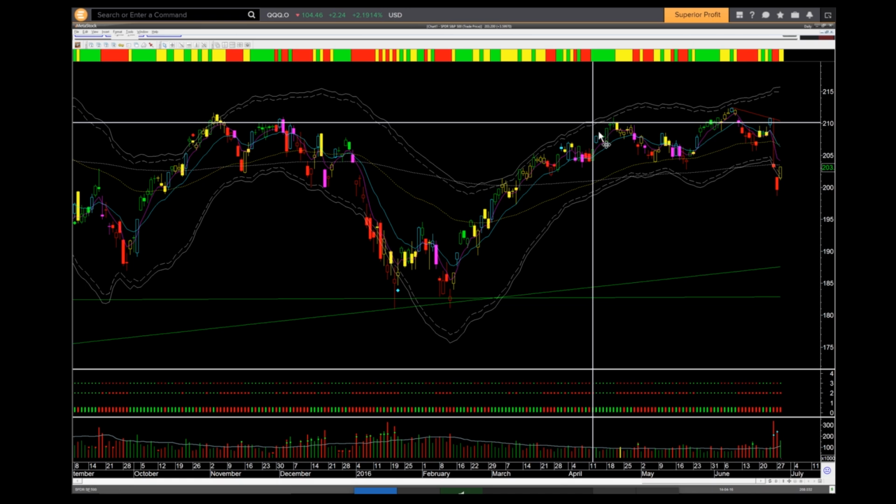So this would be our target, and I am pointing at the boundary as of the entry day of 13th April. If we had taken that trade, after 4 days, the target would be hit.